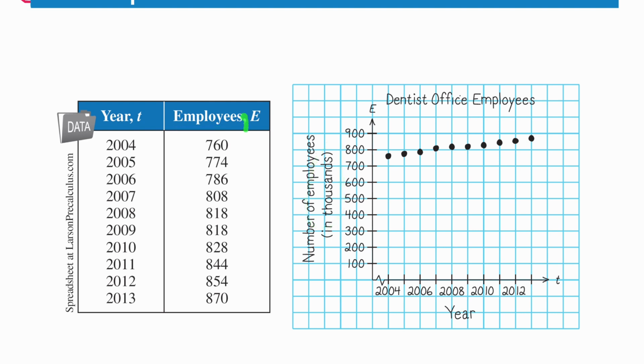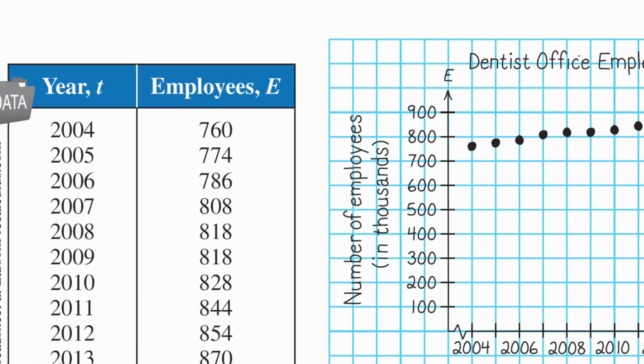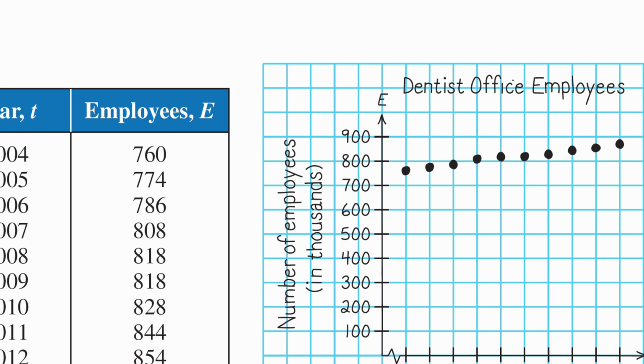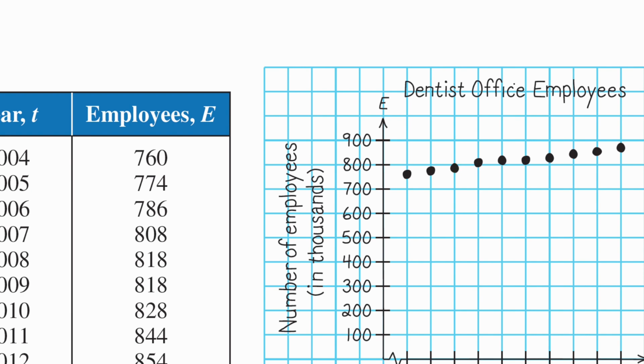And then I've just plotted all of these. So the 760 is first, and notice how 760 is 60% of the way, or hopefully 60% of the way, between our 700 and our 800. And then a little bit higher is the 774, and then a little bit higher is the 786.